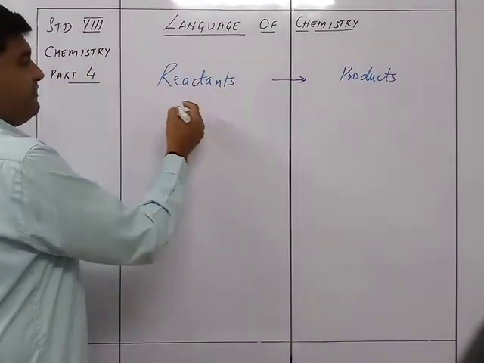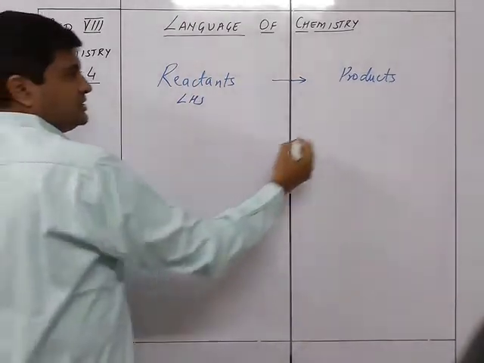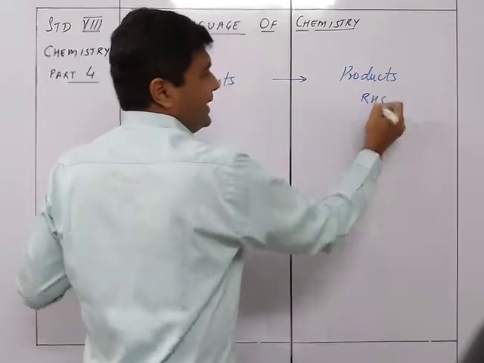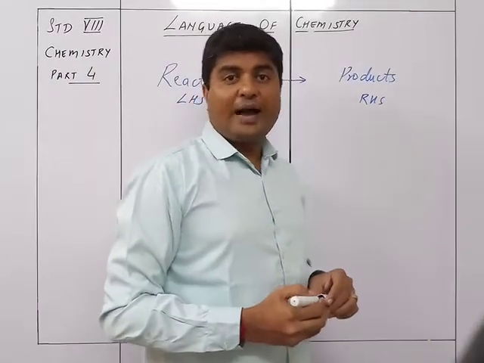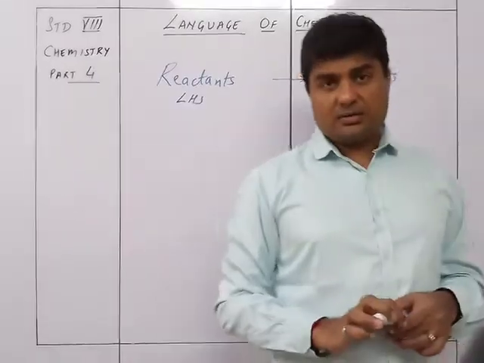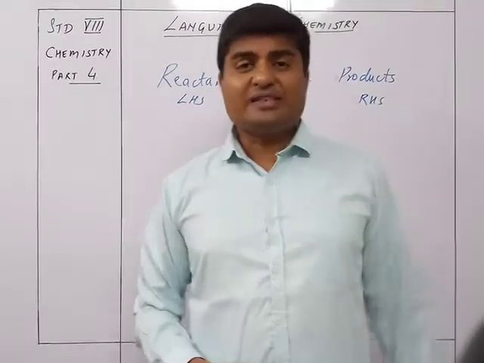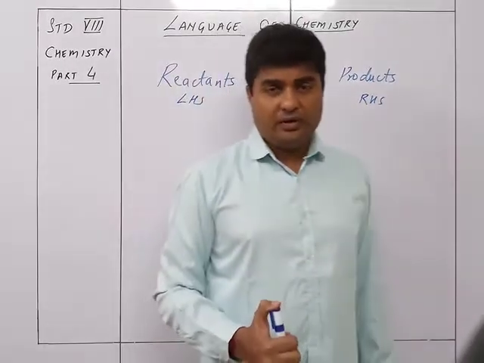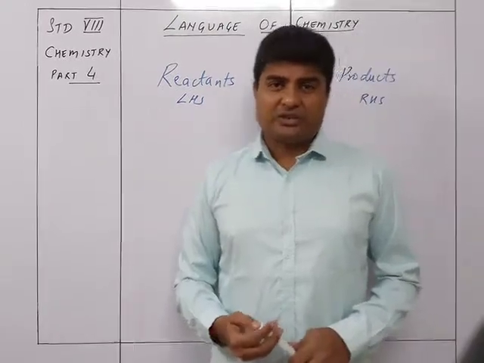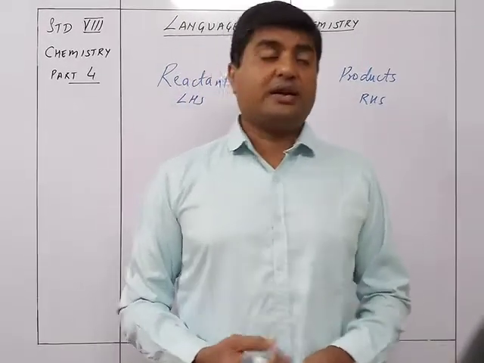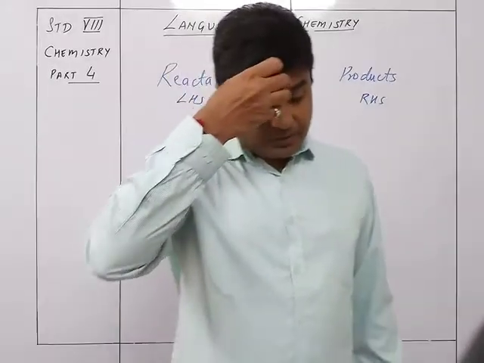So the left hand side is the reactants and the right hand side are the products. The ones which are going to react are called the reactants, which are on the left hand side of the chemical equation, and the ones which are formed after the reaction are called the products, which are written on the right hand side of the chemical equation.